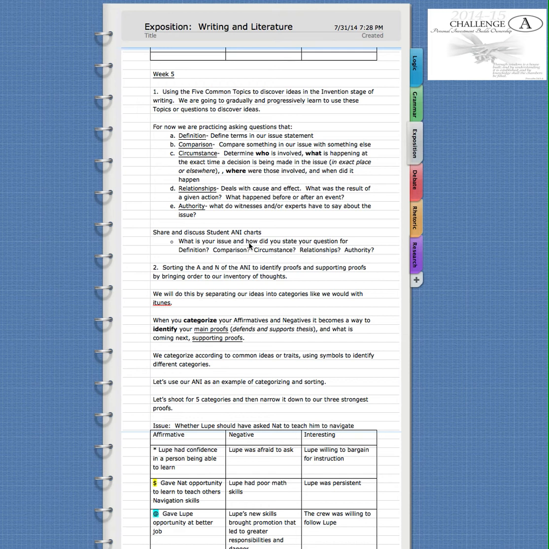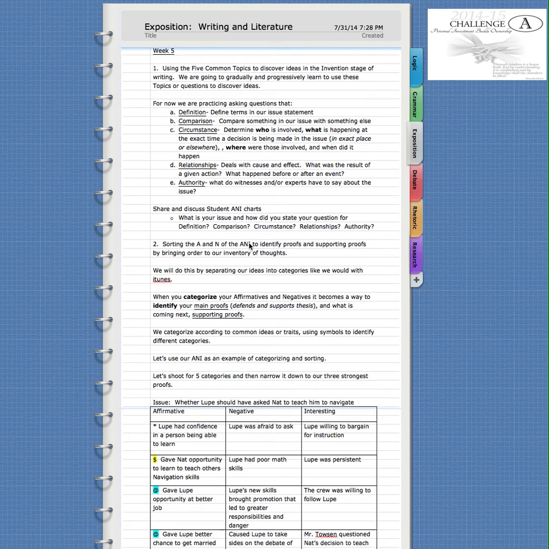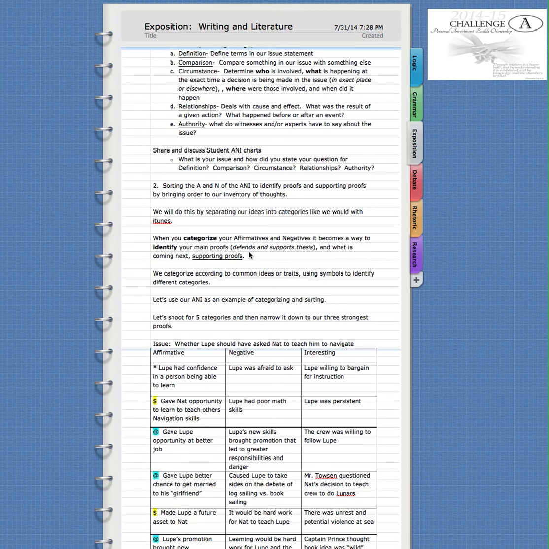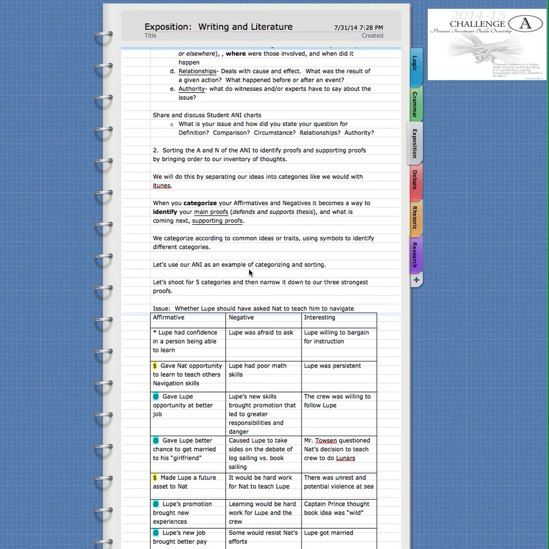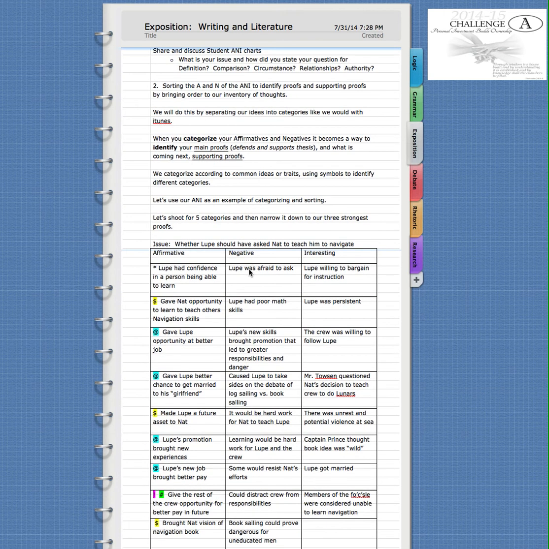So what the LTW teaches is that you can use symbols to categorize or sort your affirmative and negative columns. They suggest that you practice doing both, even though when you begin this process, you may already know what issue you want to support, the affirmative or the negative.